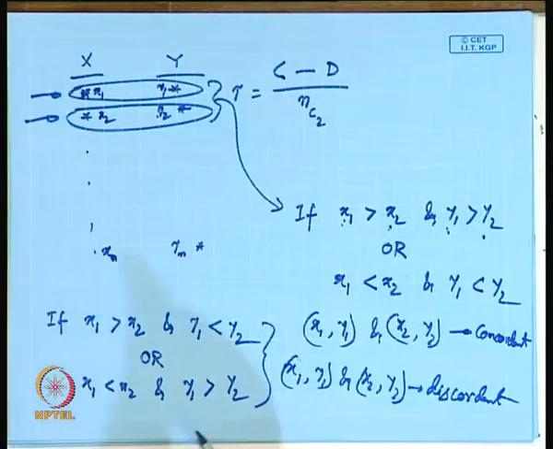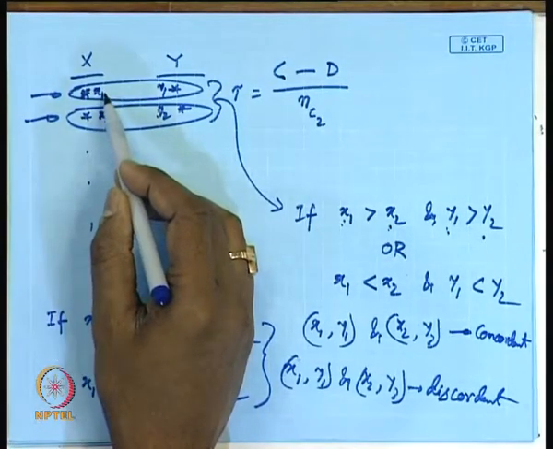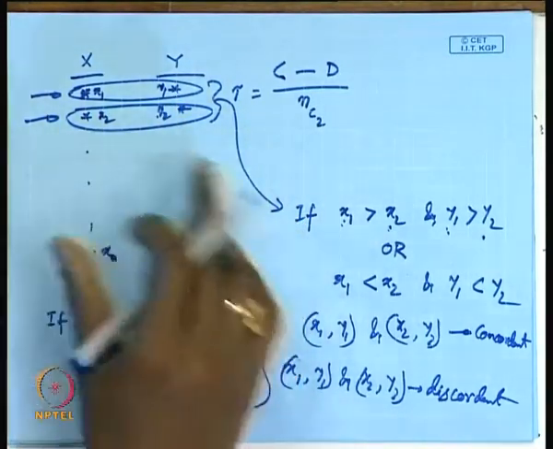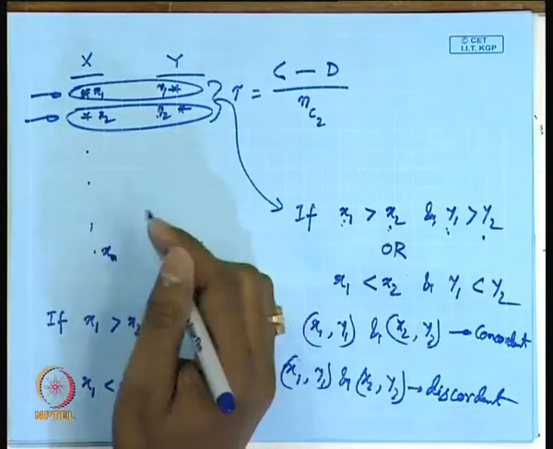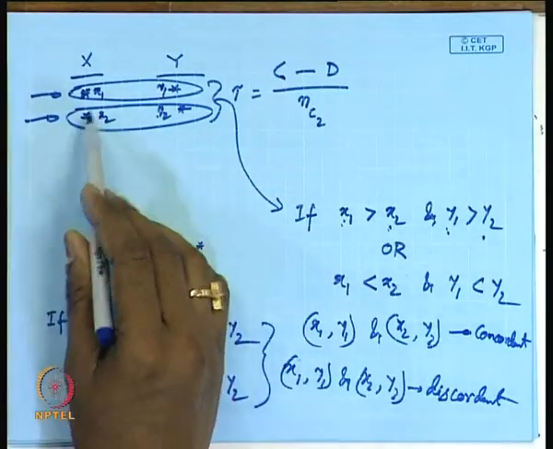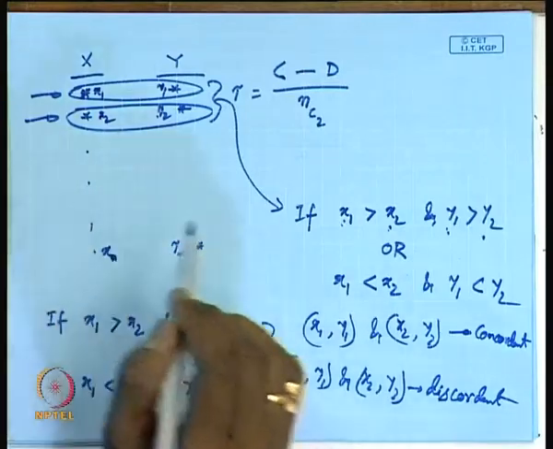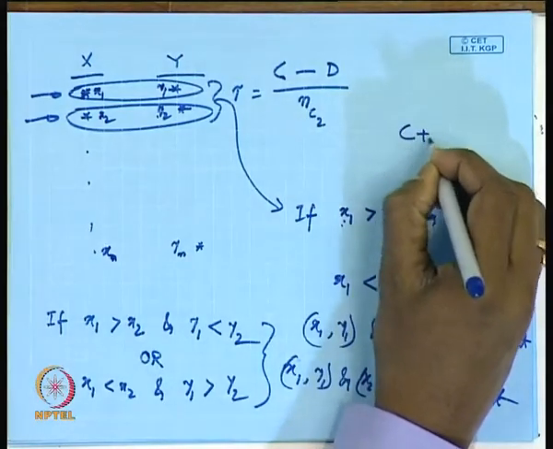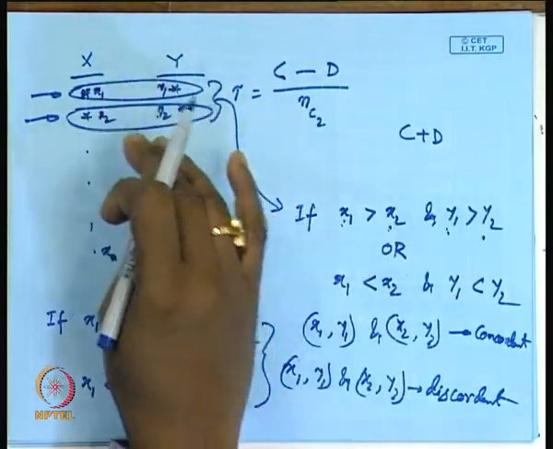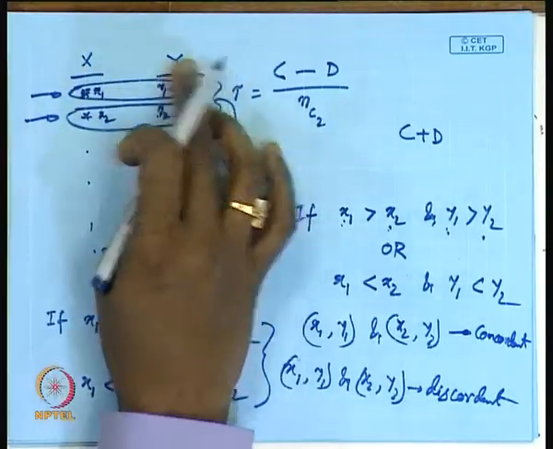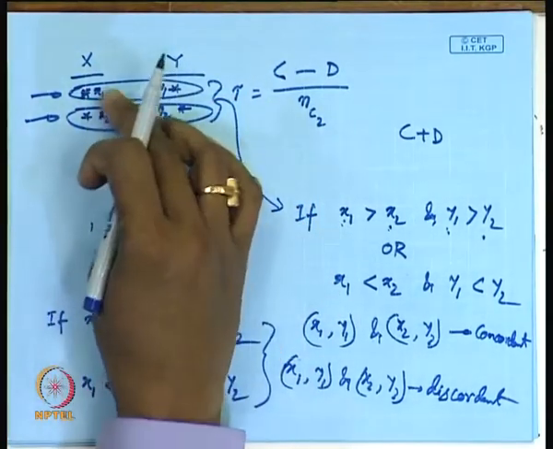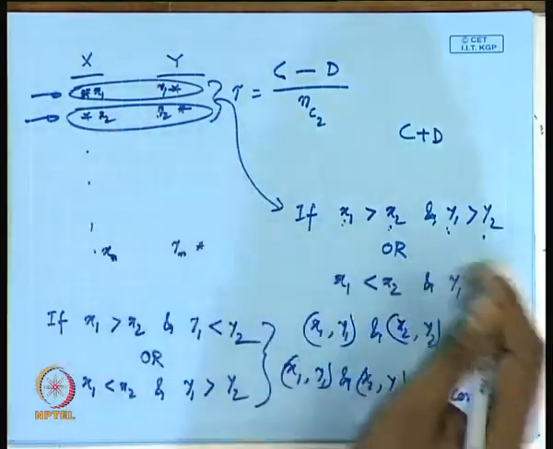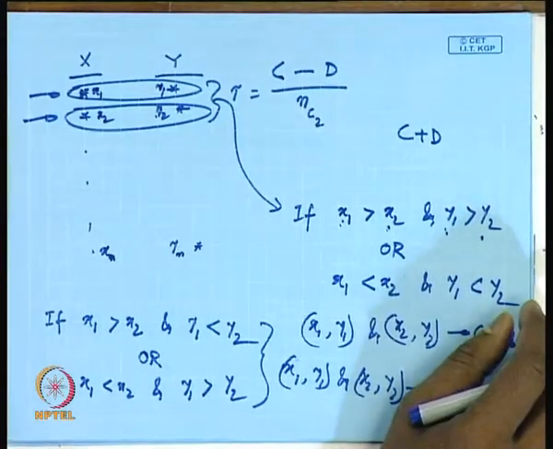Now, one more thing can happen: x1 may be equal to x2, or y1 may be equal to y2. Because this is a sample, this can happen. In those cases we generally exclude those pairs. In the ideal case, if both are continuous random variables, the probability of being exactly equal is 0 from the theory point of view, but in a sample it can happen.